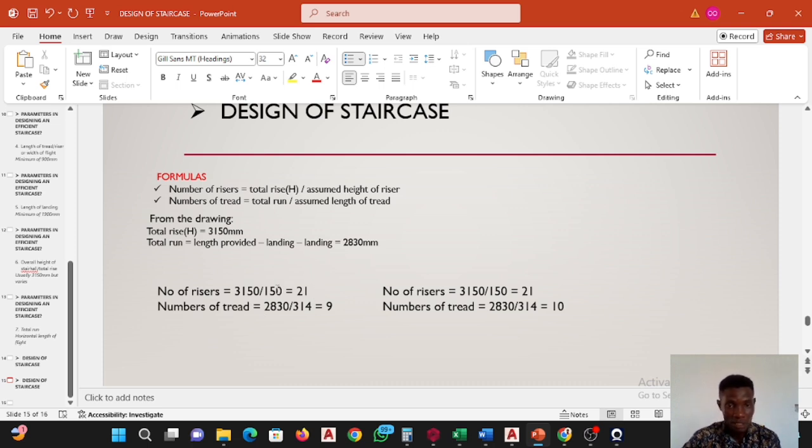You can decide to use 160, 170, but once my thread is more than 250 mm and my riser is between 150 and 170, I'm okay. I don't even design with a 180 riser. So this is how to go about designing a staircase.